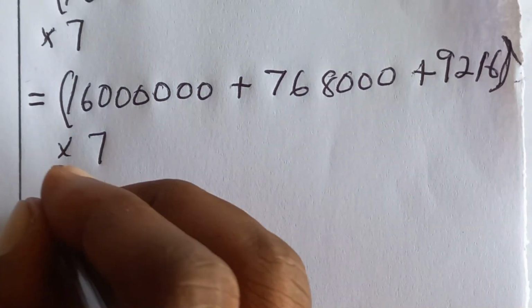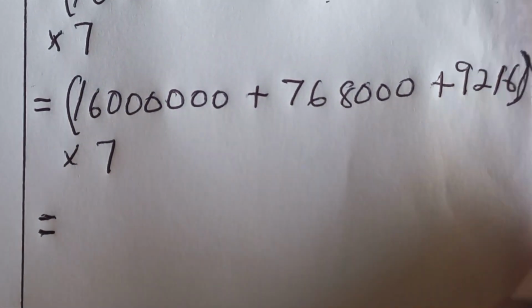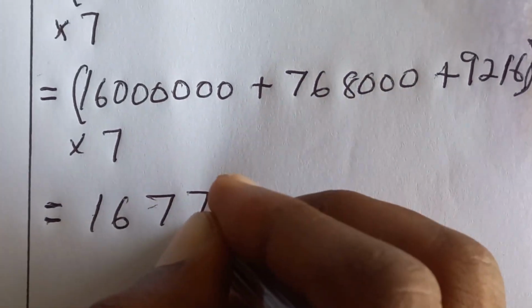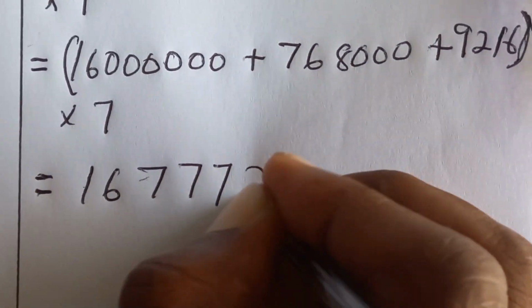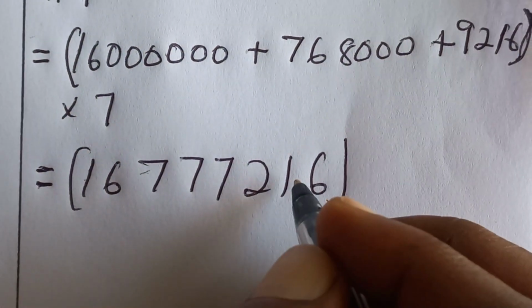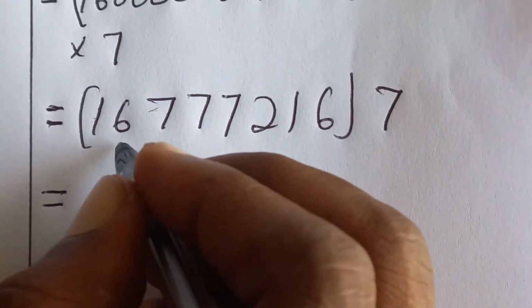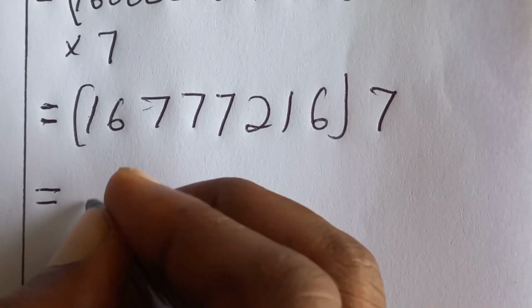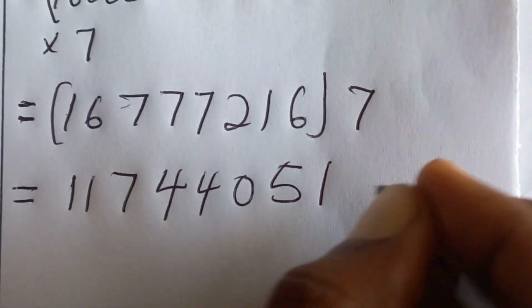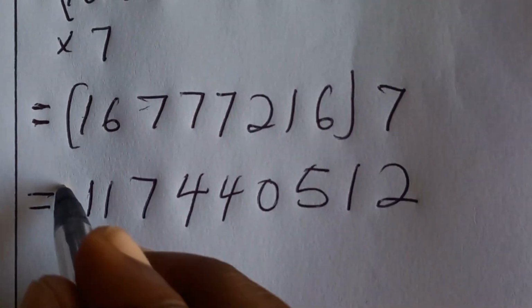When we sum everything here, we are going to get 16777216. So this, what's in the bracket, times 7, we are getting 117440512. So our final answer is this.